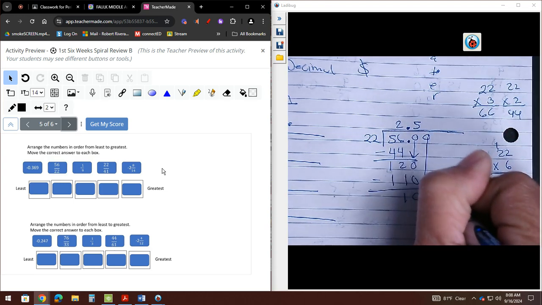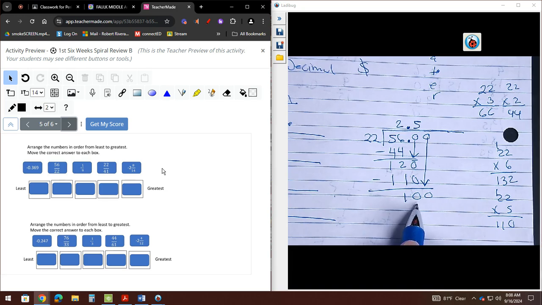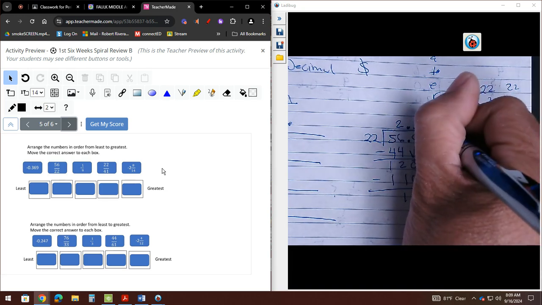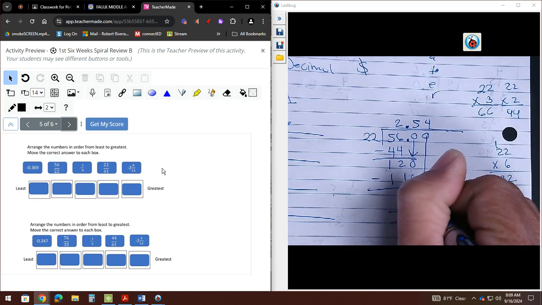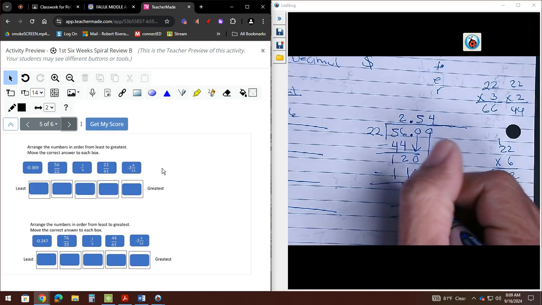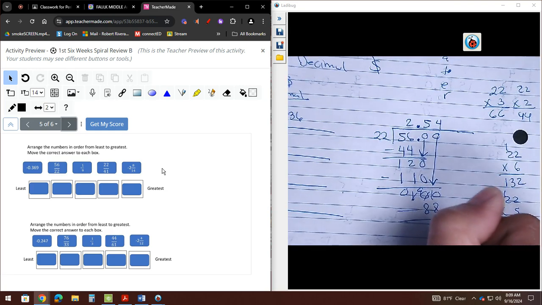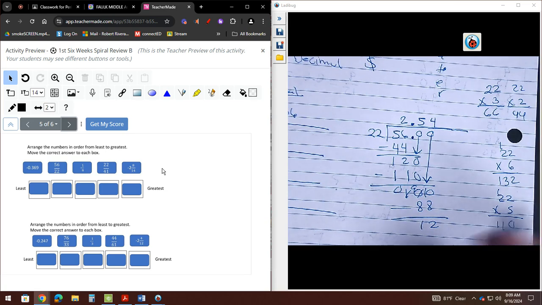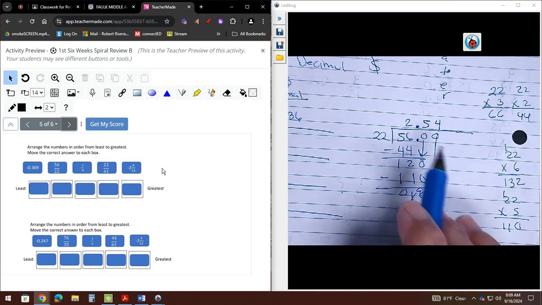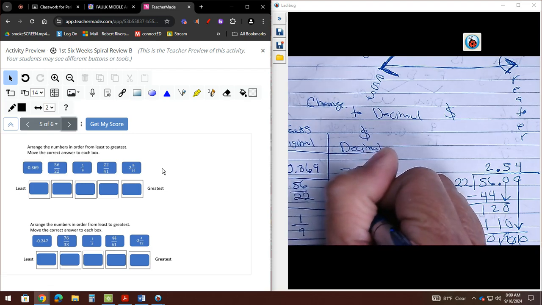Add a 0. Well, that's 100. And 5 is 110, so it must be 4. So by then you can stop because it's already looking like money. So this guy would be $2.54.